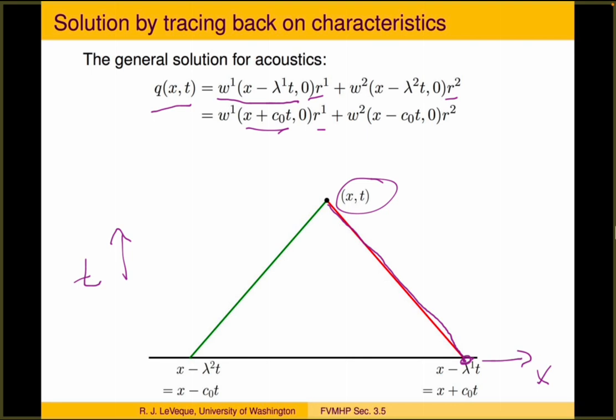And then if we trace the other characteristic back, which has lambda equals plus c, we're moving in the negative direction, going backwards in time. We can take the initial data at this point and decompose it into eigenvectors, and take the W2 component from here and the W1 component from here and use those as the linear combination in getting Q at this arbitrary point.